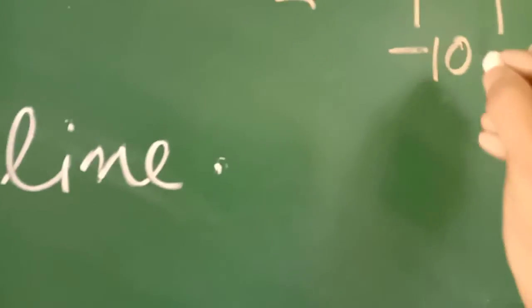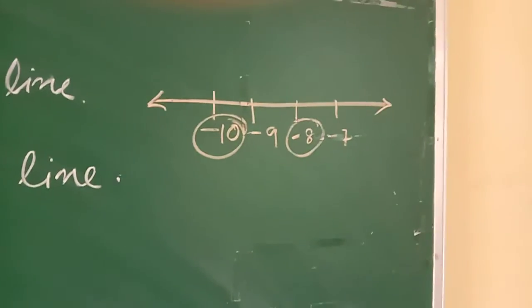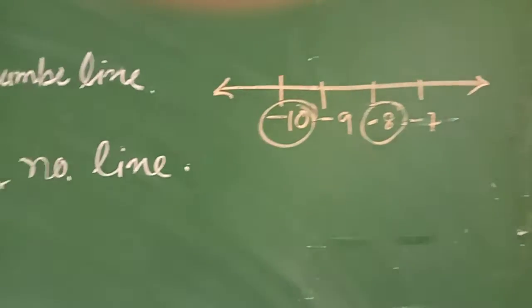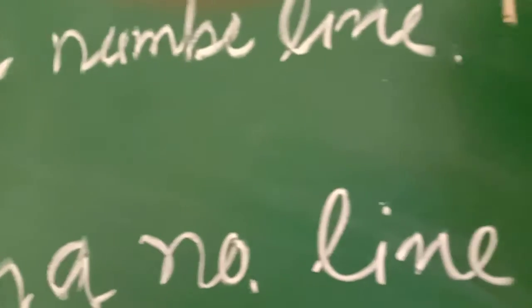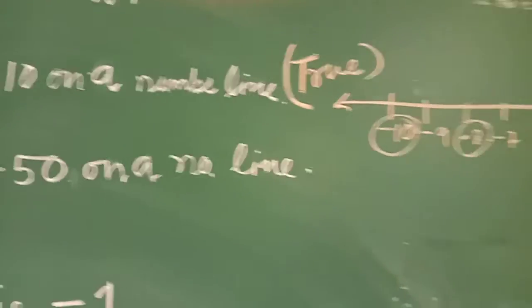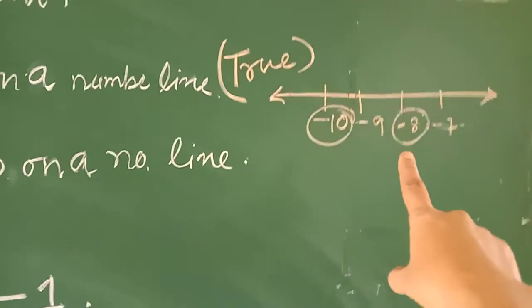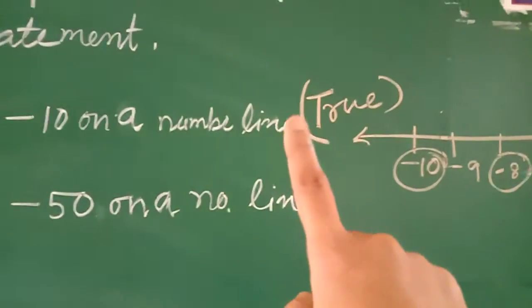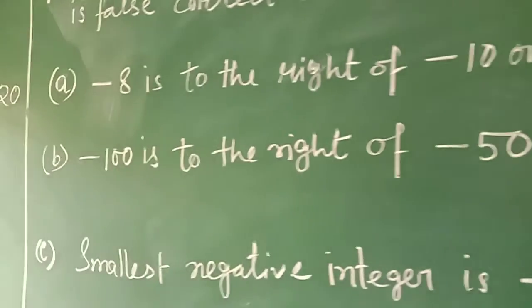Check. It is minus 10 and it is minus 8. Is it on the right side of minus 10? Yes, it is correct. So the statement is true. You will write true. And this one I have given to clear the concept. You can do it in the rough portion also. No need to show it here, but you can do this in the rough portion.